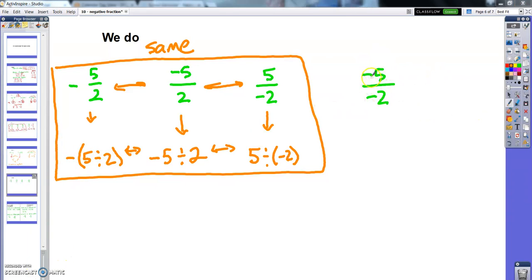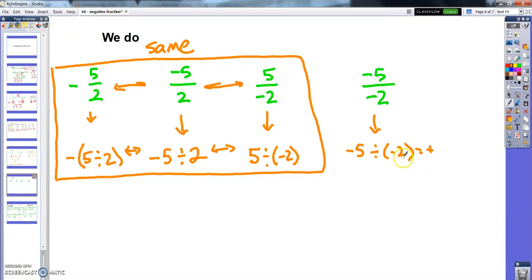This one's different though. So, if you have one negative sign, be it out here, here, or here, same thing. This, not so much. What this really represents is negative 5 divided by negative 2. And if you were to do that division problem, you would say, okay, since they're both negative, the answer is positive.